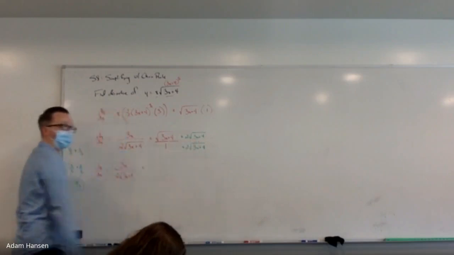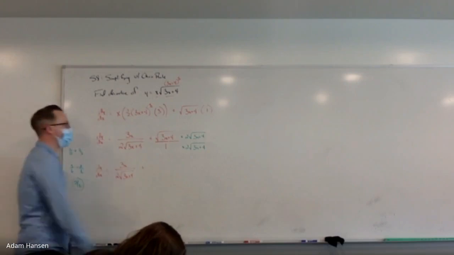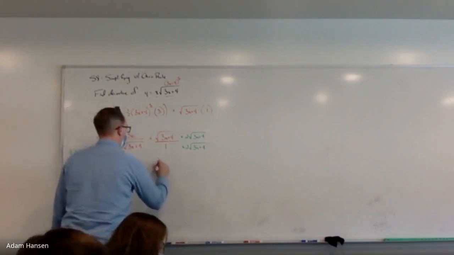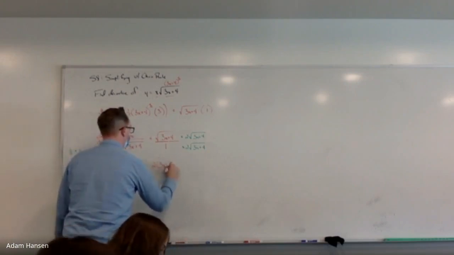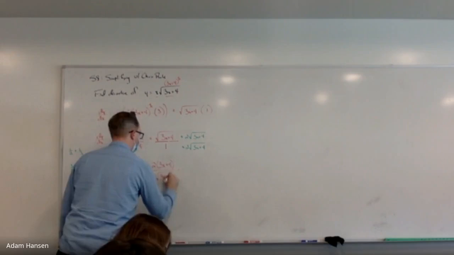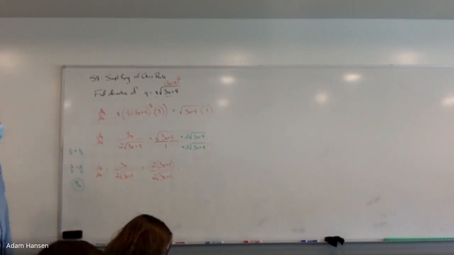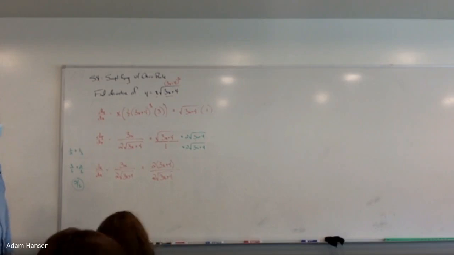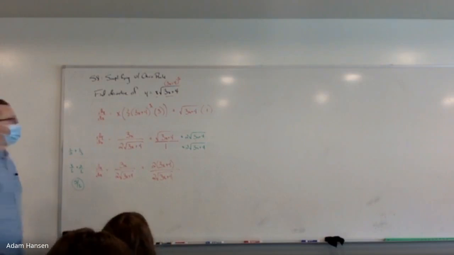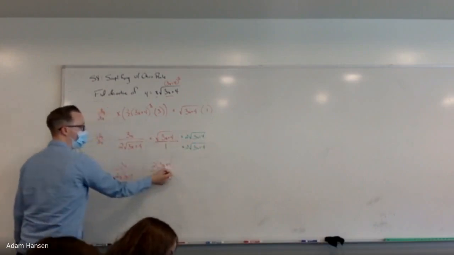When I take square roots times themselves, it cancels out. Square root of 2 times the square root of 2 is just 2. Square root of 5 times the square root of 5 is just 5. So the square root of 3x plus 4 times the square root of 3x plus 4 is simply just 3x plus 4.